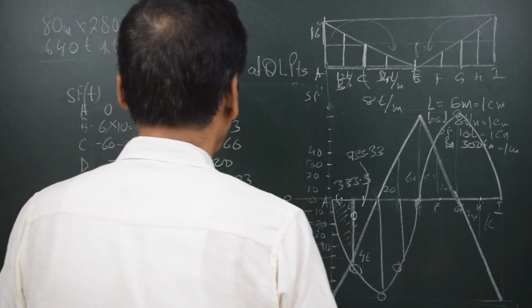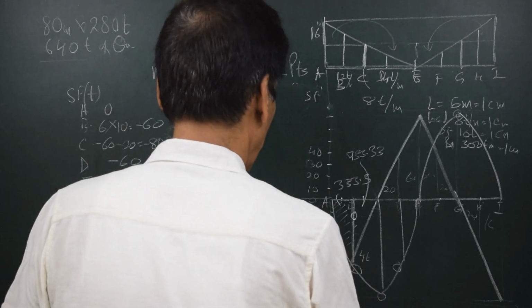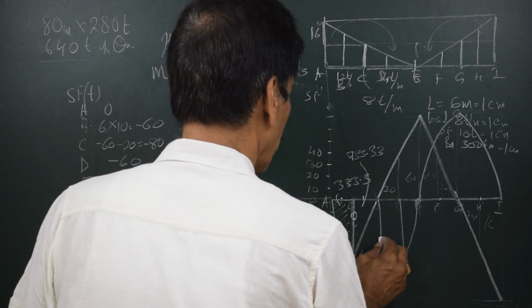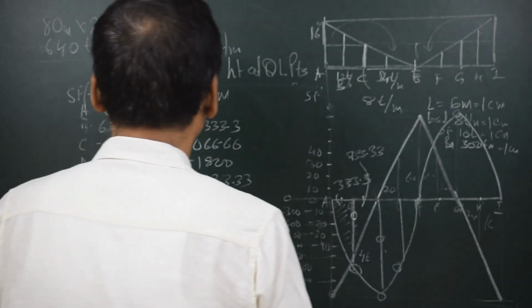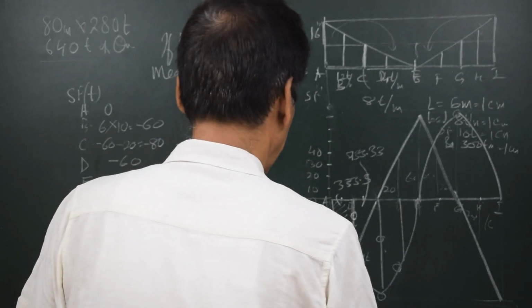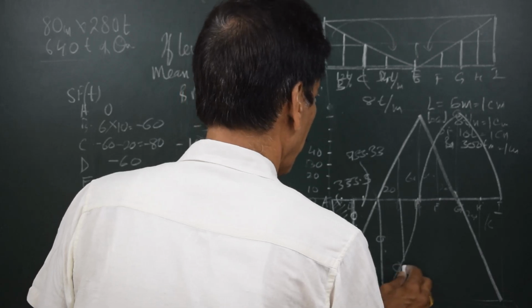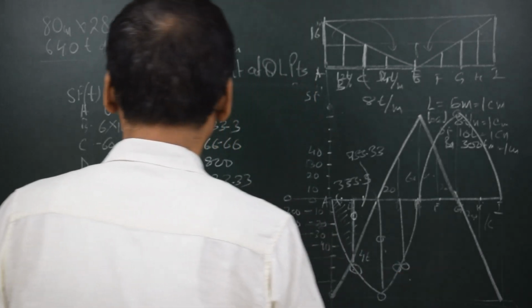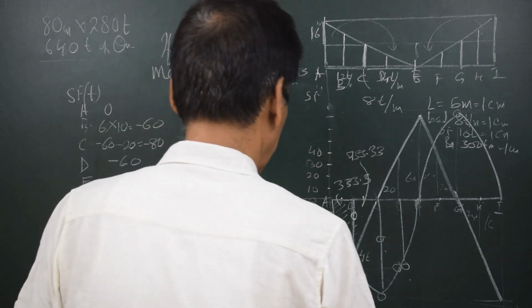At C it is 1066, which would be something like this. D it is minus 1800, so over here. E it is 2133.